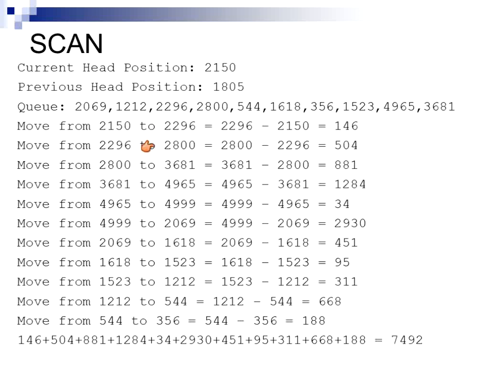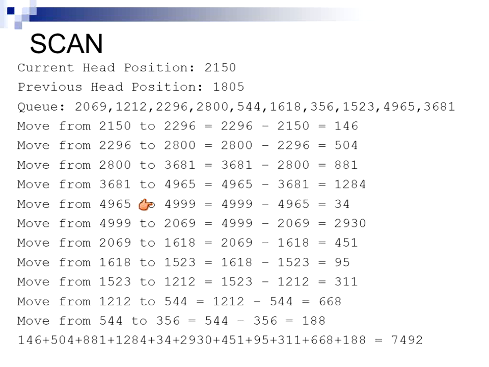Then we move to 2800. Then we move to 3681. Then we move to 4965. And then we move out to the end of the platter. Okay, so it moved all the way to the very edge of the disk platter, the outermost cylinder on the platter.